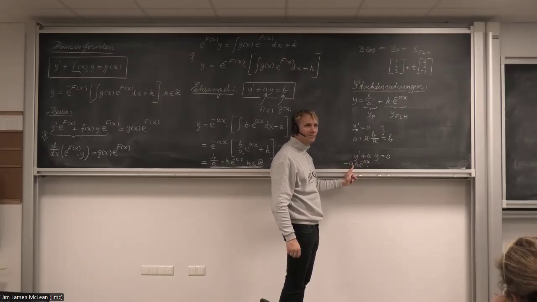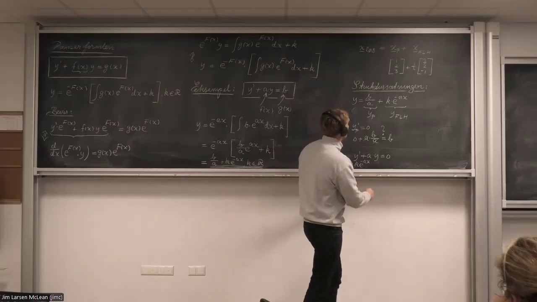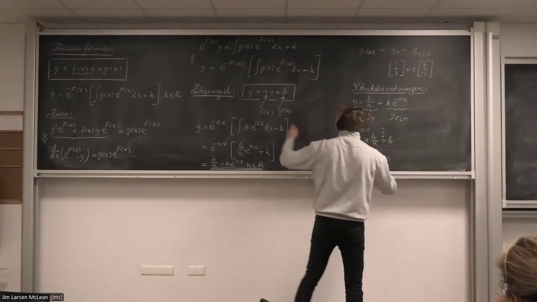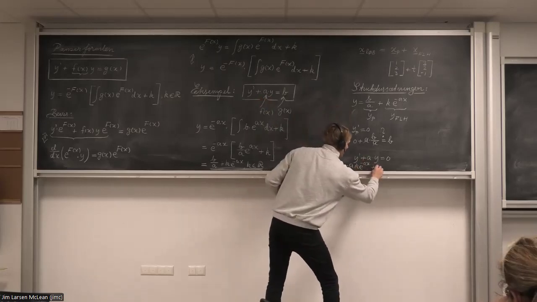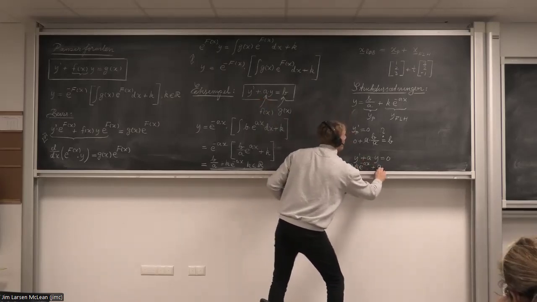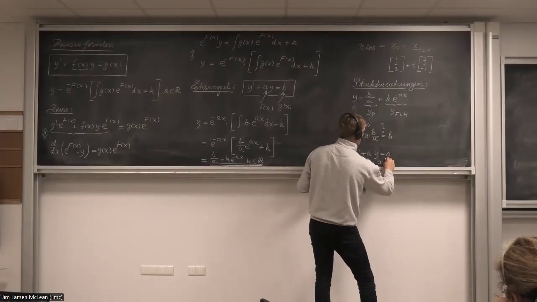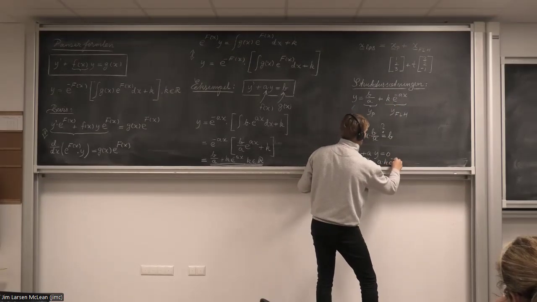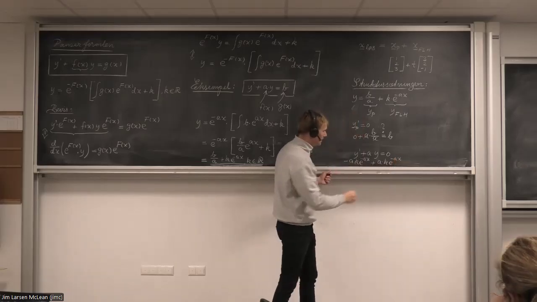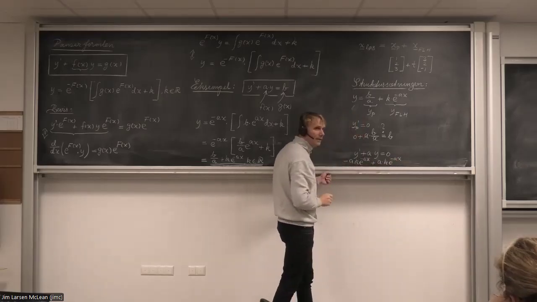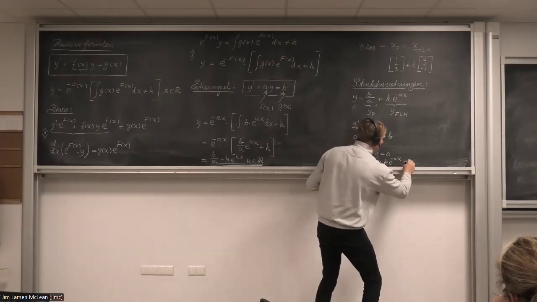Are you following that? And then it says plus a times y, but what was y again? Oh yes, that was what I claimed it was, k times e to the power of minus ax. And now see what that gives. They are the same with opposite signs. So it equals 0.